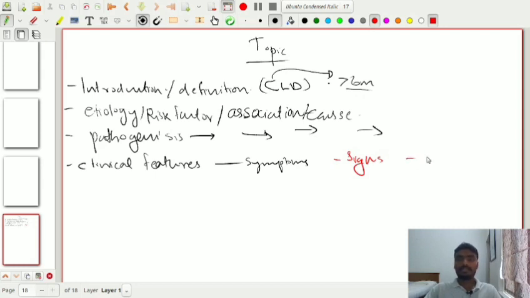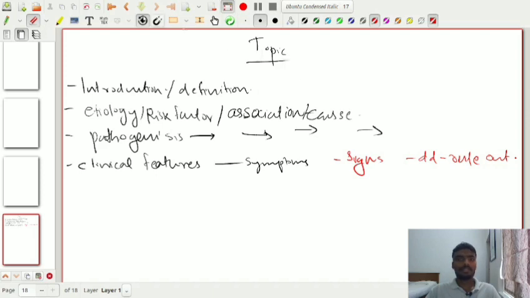Then you have to write the close differential diagnoses and how to rule them out. That's also an important component. For example, you are writing about hydrocele, which is a 5 mark topic. In hydrocele, the swelling is usually a transilluminant swelling.